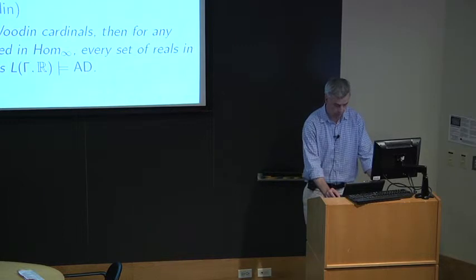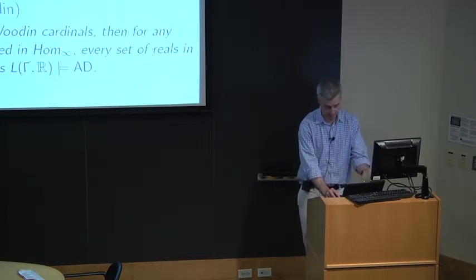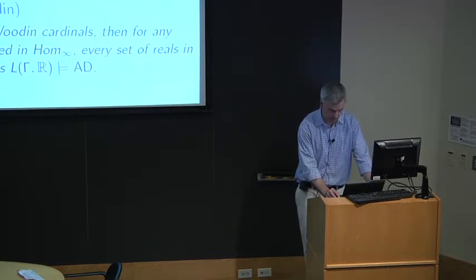So if we construct from the well-behaved sets of reals up to some proper initial segment of Hom infinity, we get a model of AD. And those are the models of AD that I'm talking about in staircase 1.